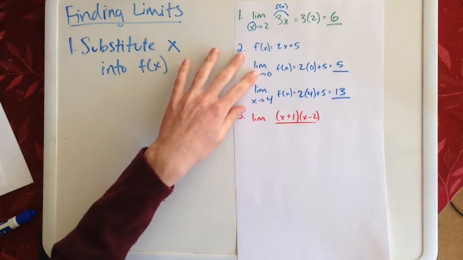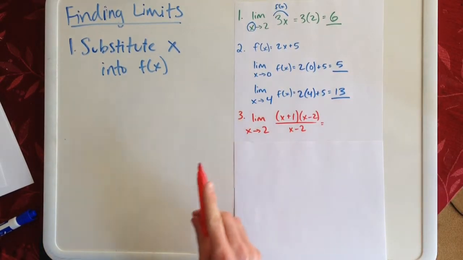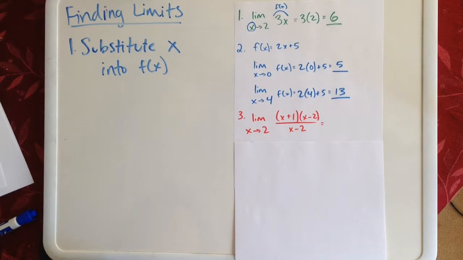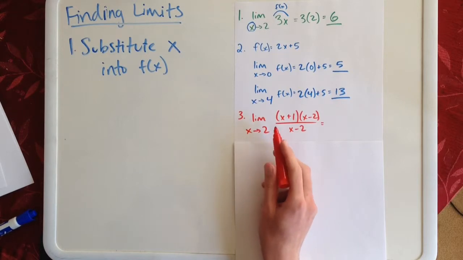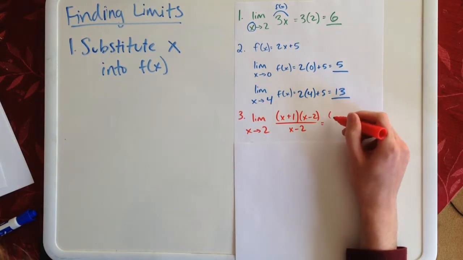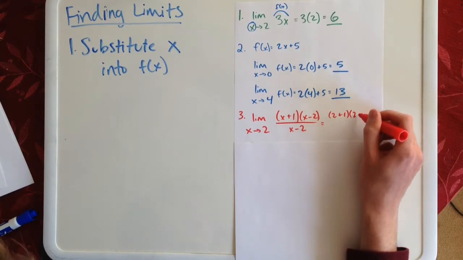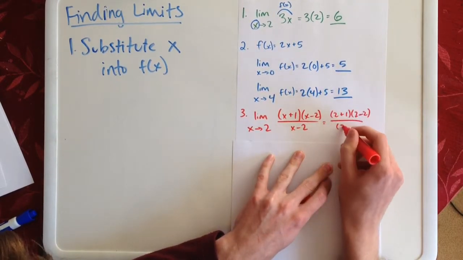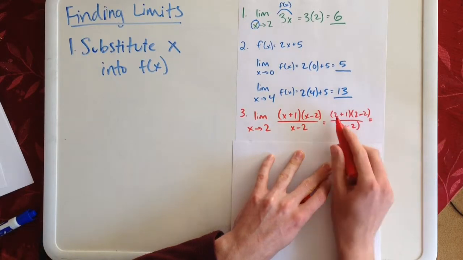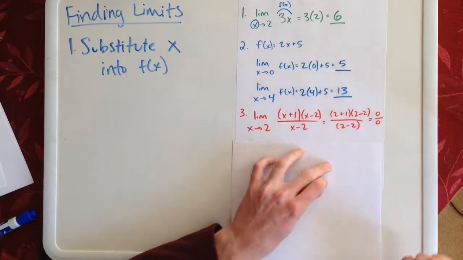But when using limits for derivatives, it will be a little bit more complicated, in that you'll often need to simplify the expression of f of x before you take the limit. So if we just substituted, like how we have been doing up to now, we get 2 plus 1 times 2 minus 2 divided by 2 minus 2, which would simplify to 3 times 0, anything times 0 is 0, divided by 0.